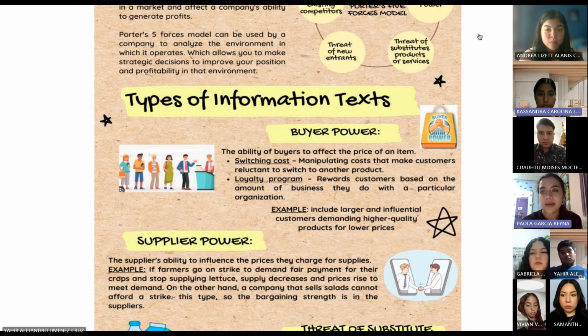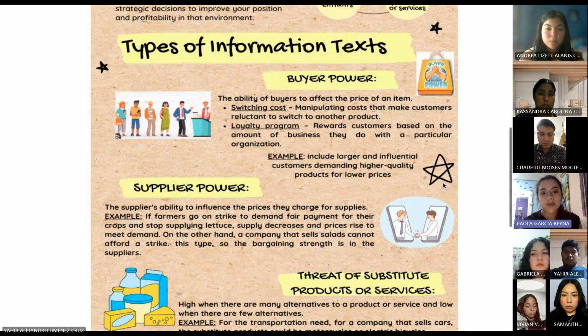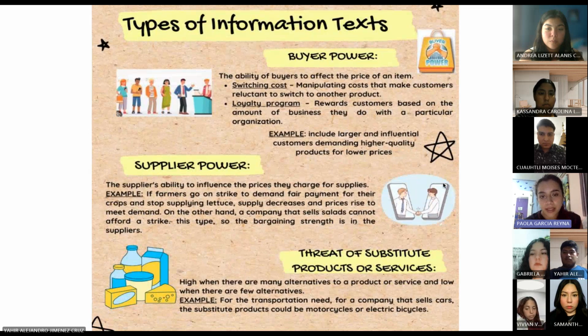You buy shoes, but if you are a member, even on the app or on its website, you can receive a discount, or you have promotions. You receive them by email, etc. That is an example of a loyalty program.